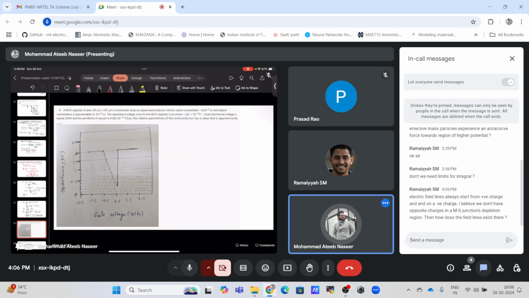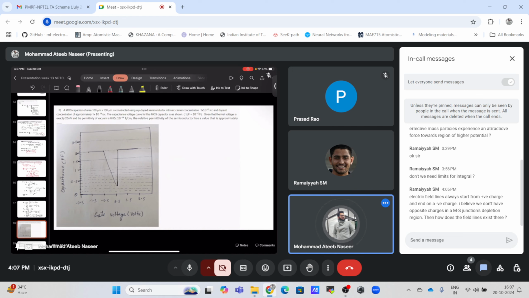Whenever you draw this PN junction, you have the same image for the MS junction as well. But the depletion region in case of a metal is very, very thin because it's a sea of electrons. It has, you can say, the Avogadro's number of electrons, so it has a lot of electrons. So you never draw this depletion region in the metal side, although there will be depletion in the metal side.